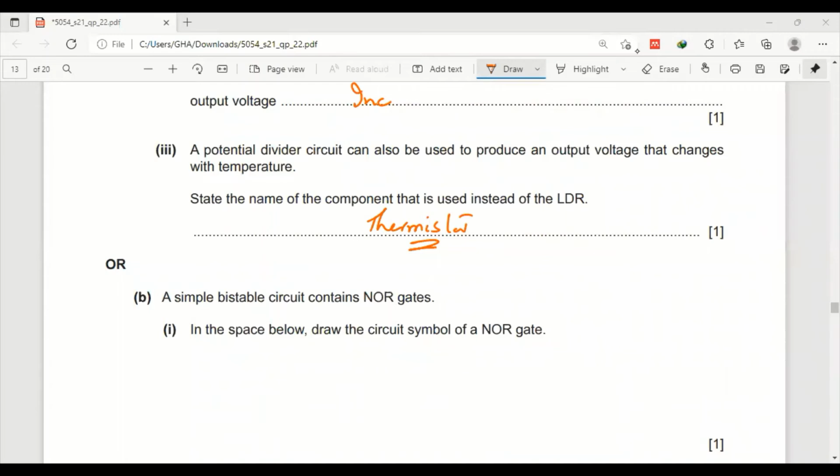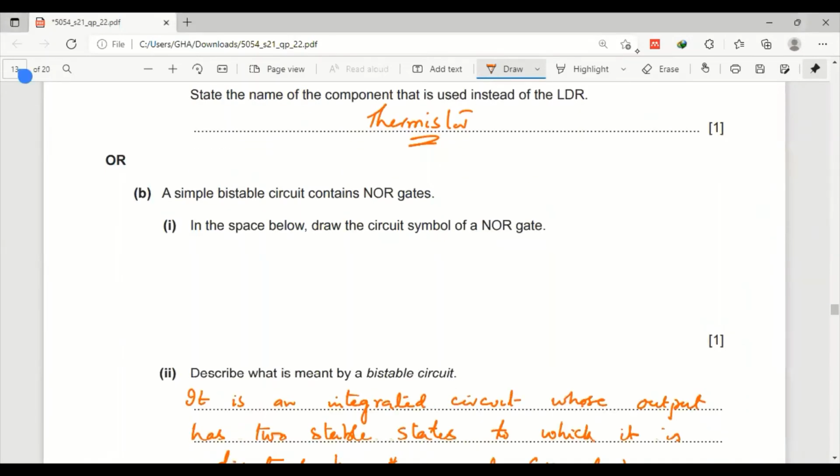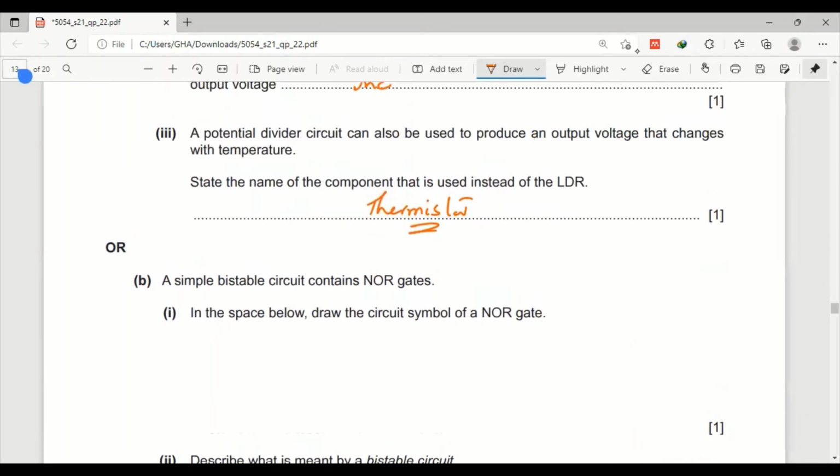Okay, so the next is optional. A simple bistable circuit contains NOR gates. In the space below, draw the circuit symbol of the NOR gate. So this is the symbol. So NOR.